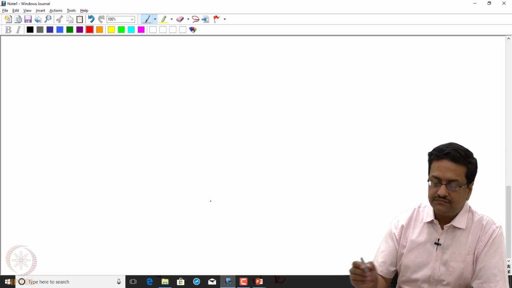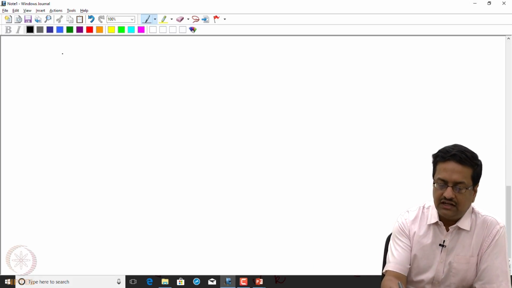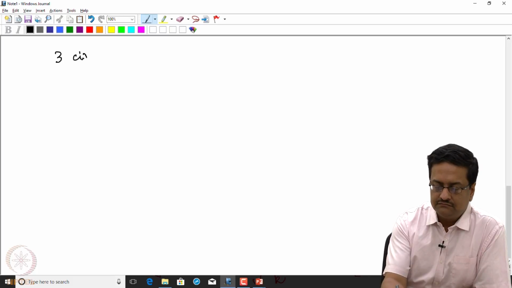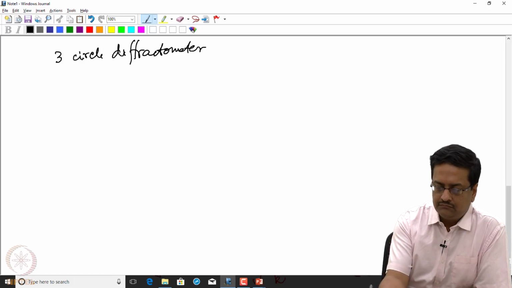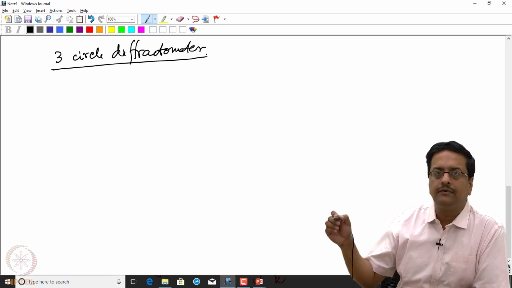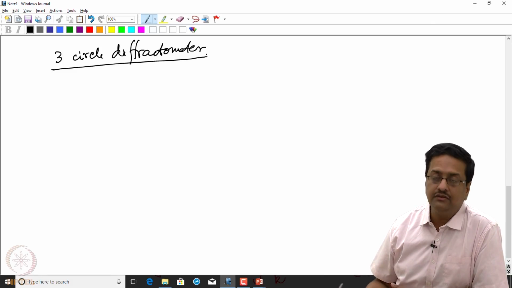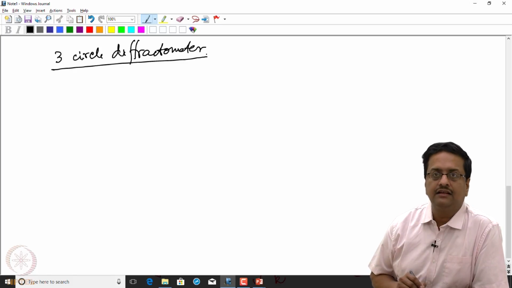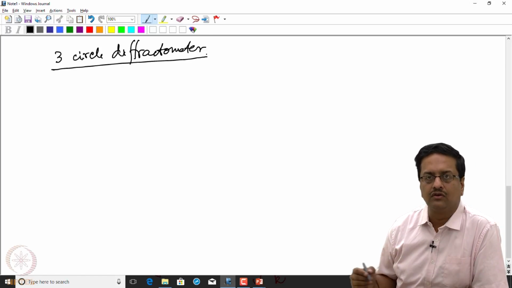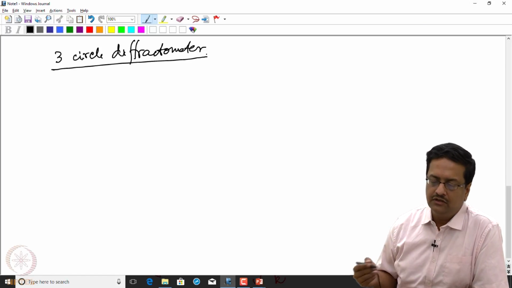So, in case of a 3-circle diffractometer, the following table that I am going to write is generally used for data collection limiting to either hemisphere or quadrant or a full sphere data.